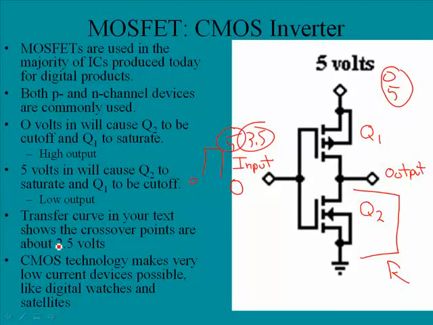Now your text doesn't mention this, but CMOS technology makes very low current devices possible, and things like digital watches and satellites use CMOS technology because they need to operate on extremely low currents. You may have observed with a digital watch that the battery seems to last forever, and that's because it is built with CMOS technology that operates on extremely low current.